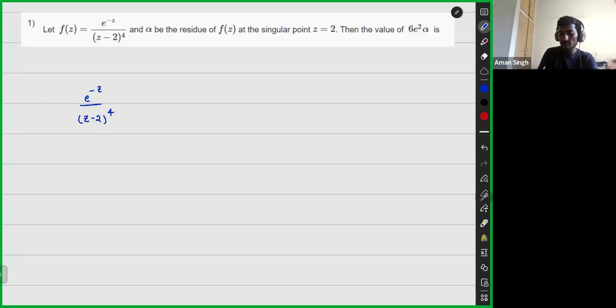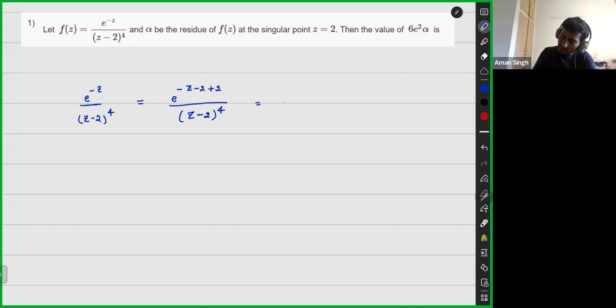The (z minus 2) to the power 4 in the denominator we are not going to change. We change e to the power minus z to e to the power minus (z minus 2 plus 2).